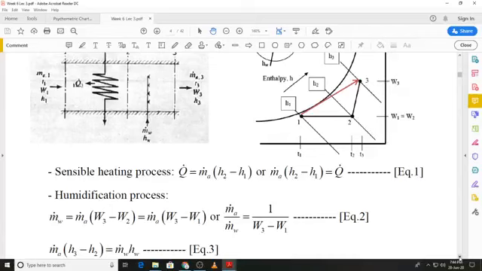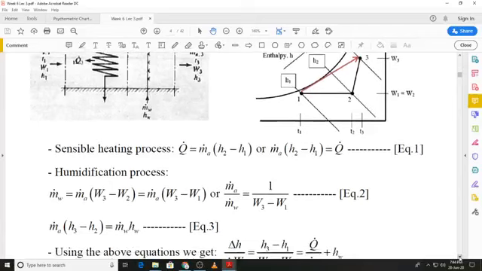The energy balance for process 2 to 3: the energy content at 2 is m dot A H2, to which we add the energy of the injected steam, that is m dot W HW, and we get the resultant energy content at state 3, which is m dot A into H3.